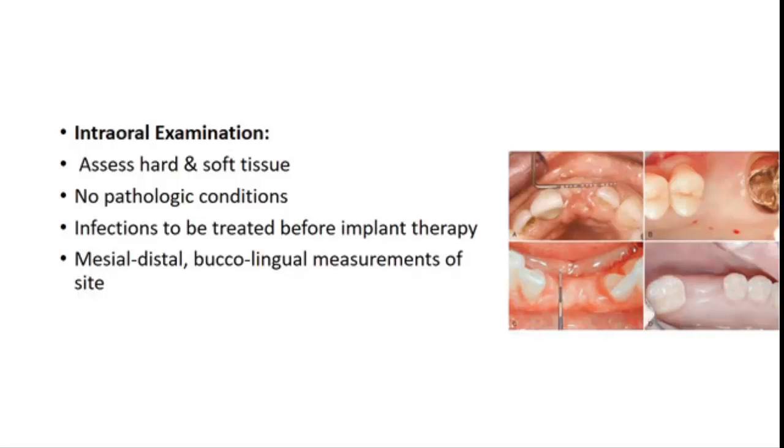In the intraoral examination, we have to assess the hard tissue and the soft tissue. Check for any pathological conditions in and around. The oral cavity should be free of all infection. Since you know that implant is a surgical procedure, it has to be done after the etiotrophic phase.